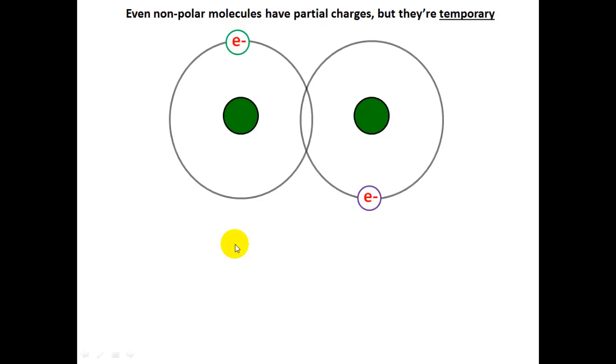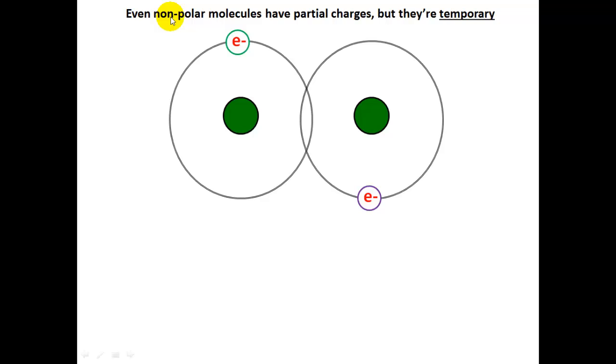So like you see up here, it turns out that even nonpolar molecules can have partial charges, but those partial charges are temporary. So let me back up here. If you remember, we mentioned that by definition, a nonpolar molecule is a molecule whose atoms are sharing electrons with one another equally. So the consequence of that is that there are no partial charges that you end up finding, right?